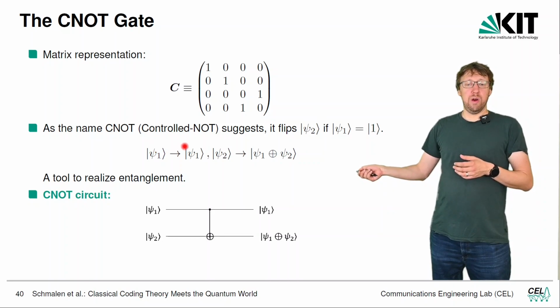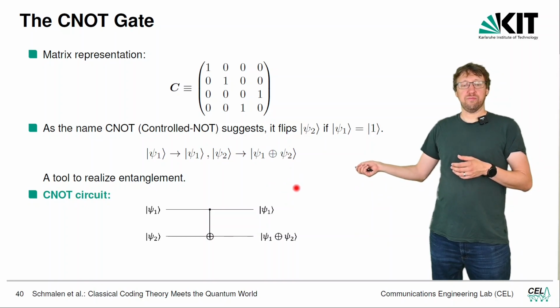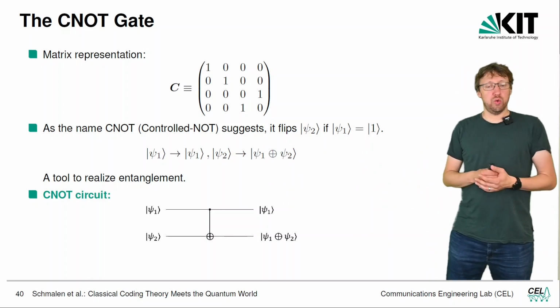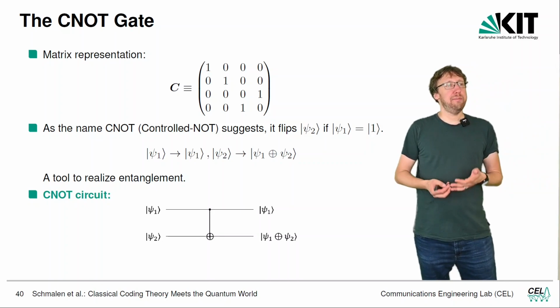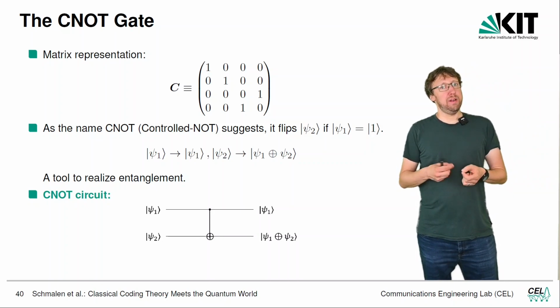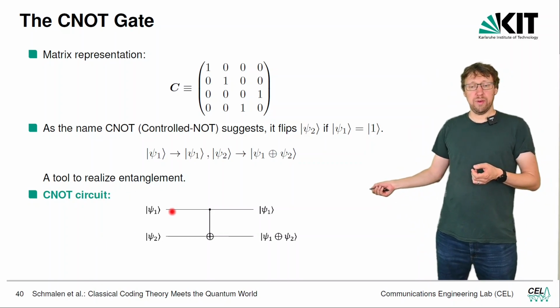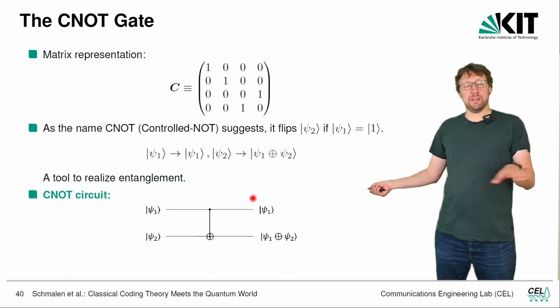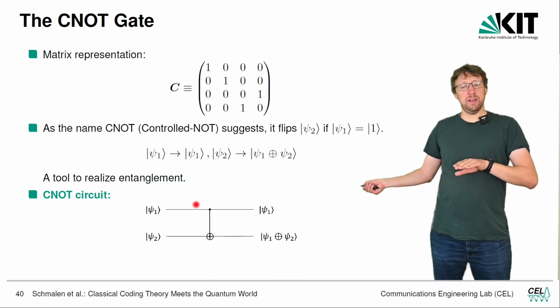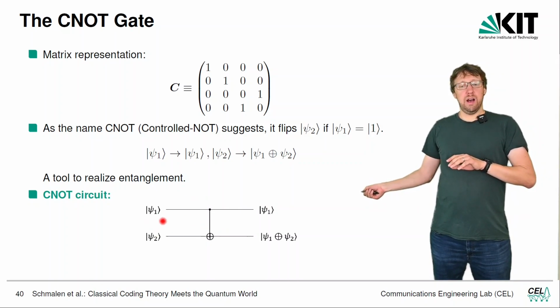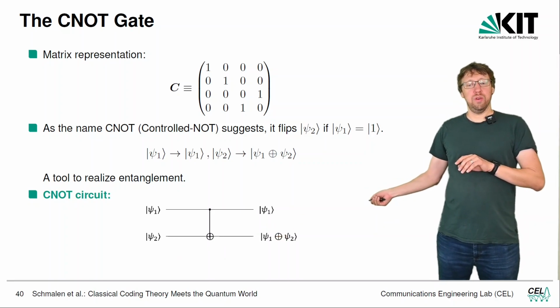So phi1 is mapped to phi1, and phi2 is mapped to phi1 plus phi2. The CNOT gate can be used to build or to realize entanglement. So here is the CNOT circuit. We have phi1 that is just passed through, and phi1 controls what happens to phi2. So we have phi1 plus phi2 acting.